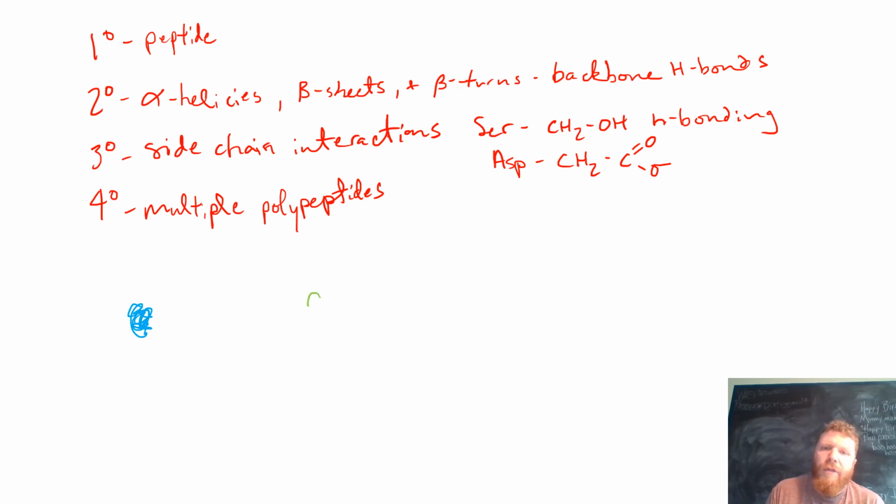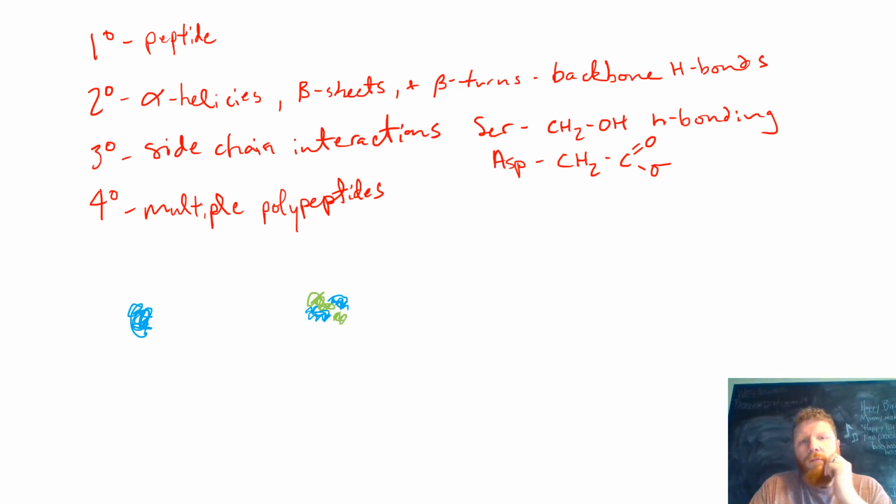Now, there are other proteins, for instance, like hemoglobin. Hemoglobin is actually a dimer of dimers. So here would be one subunit, or one dimer, and then here's the other one. So the 3D shape of a protein like hemoglobin would best be described by looking at the multiple polypeptides, so the quaternary structure of that protein.